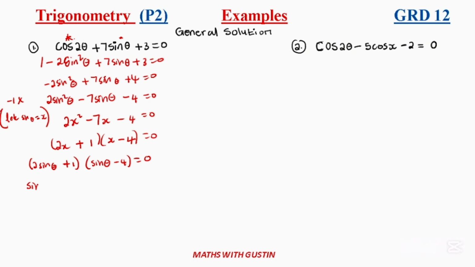Now you can say sine theta is equal to negative half, or sine theta is equal to 4. Right, so now if you go and say second function sine of 4, it is going to give you an error. So therefore this is not applicable, or you can just write it like that.